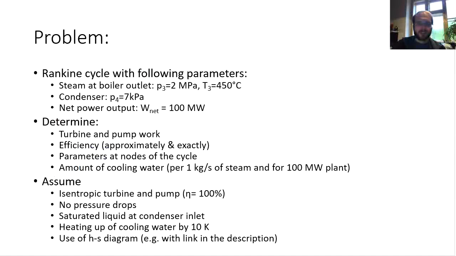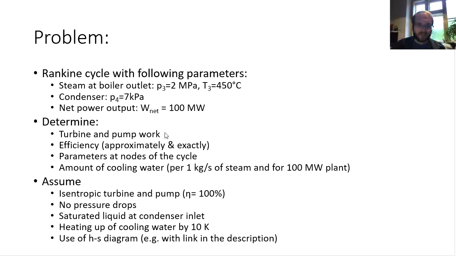So we will calculate a first problem of the Rankine cycle. Consider the Rankine cycle with steam parameters at the outlet of the boiler at 2 megapascals and 450 degrees C. Then the condenser pressure is 7 kilopascals, and the net power output of the system is 100 megawatts.